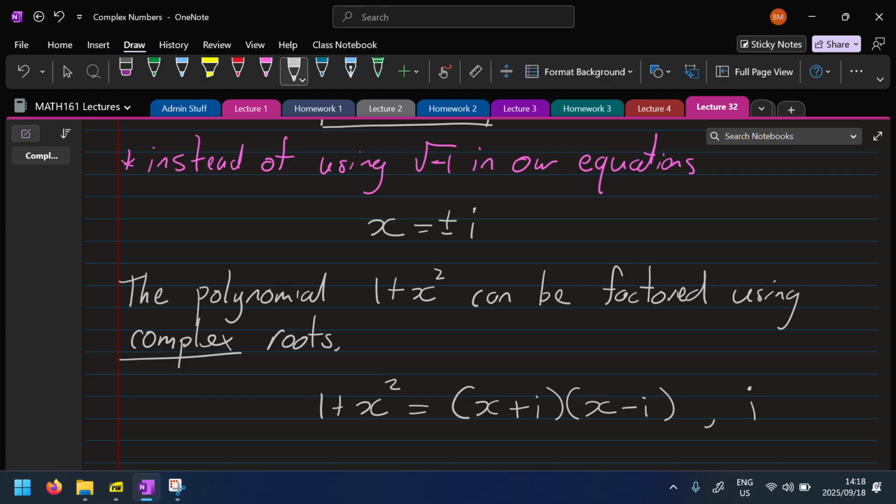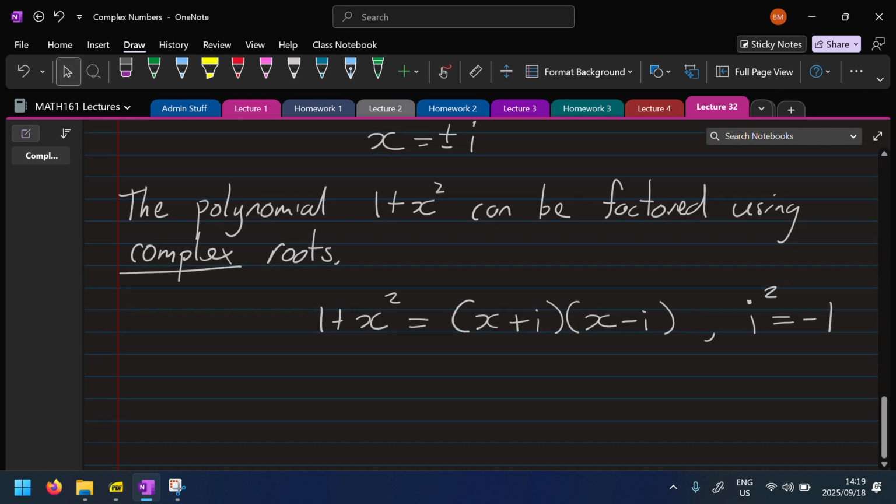So again, I'll put a reminder, I squared is minus 1. Please expand that out on the right-hand side, note that I squared is minus 1, and show that we get to the left-hand side. All right, any questions about this I that we've introduced?